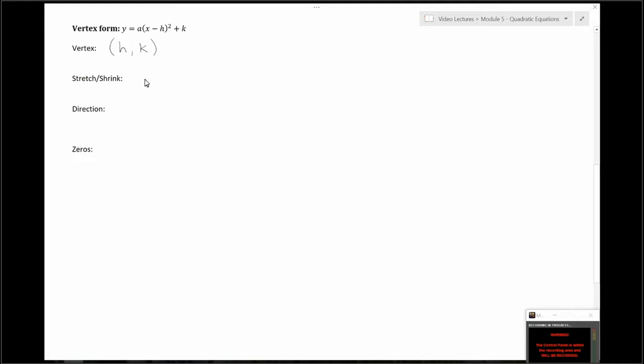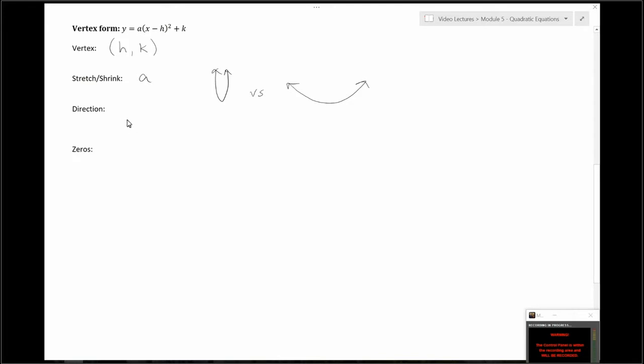Again, like I talked about, a is going to determine how much it stretches or shrinks, so whether the parabola looks like this versus this. Again, we're not going to focus very much on stretching or shrinking. It's not going to change very much about the important things about a quadratic.